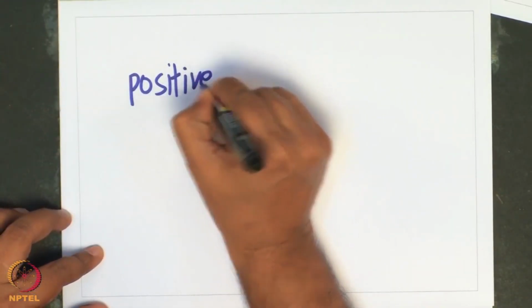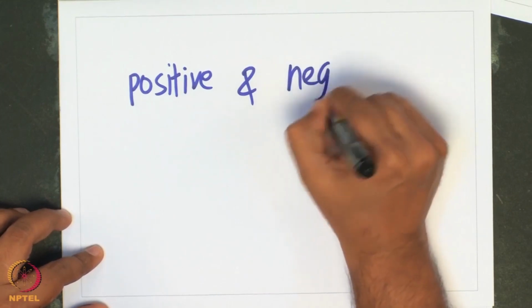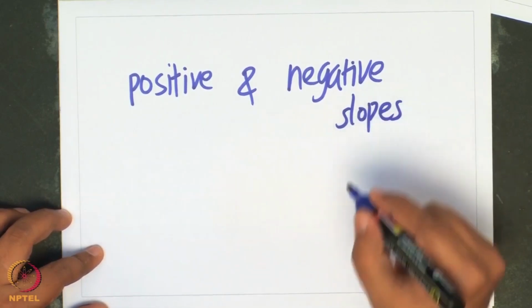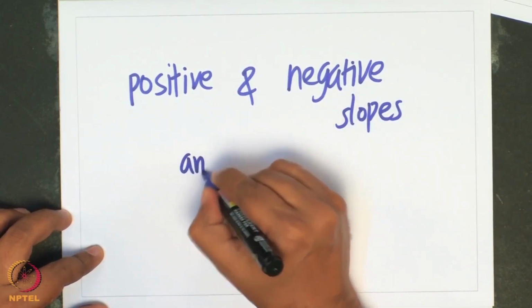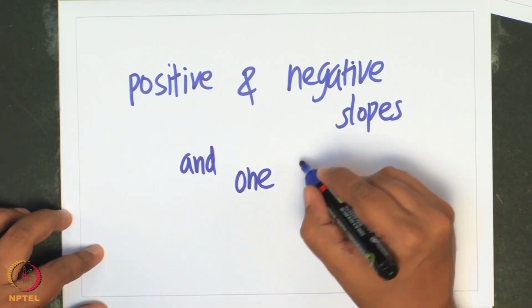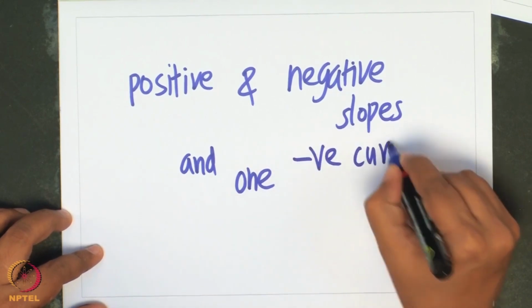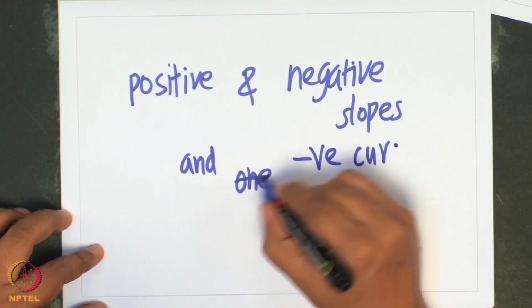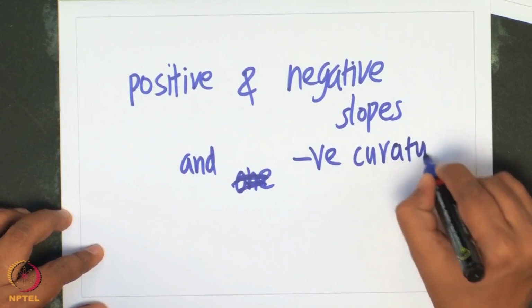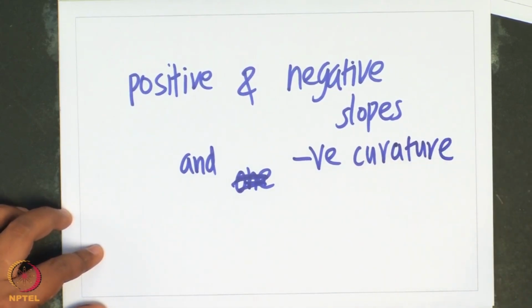If we said it has positive and negative slopes and some region with negative curvature, what would it mean?